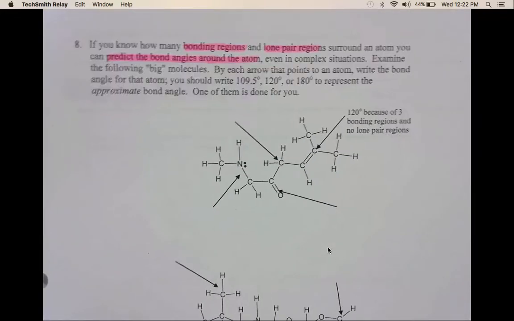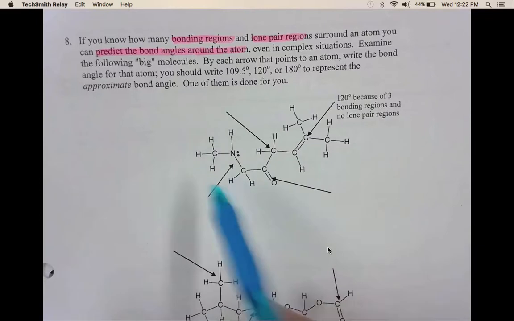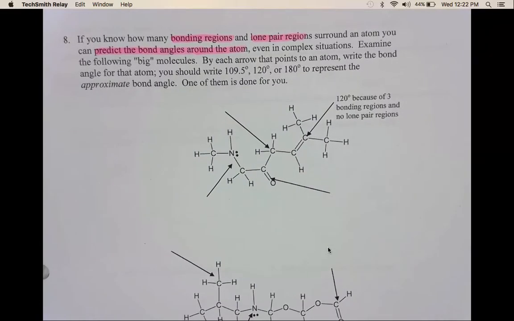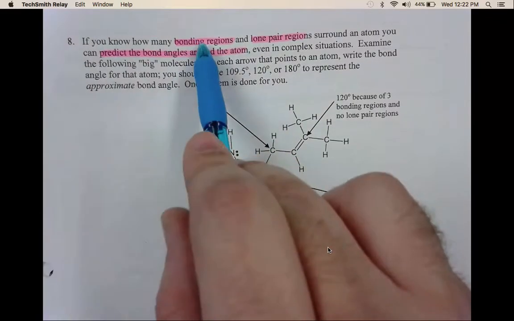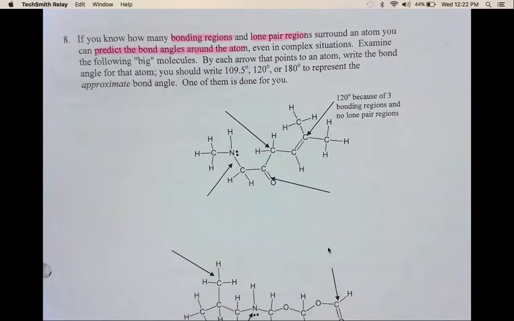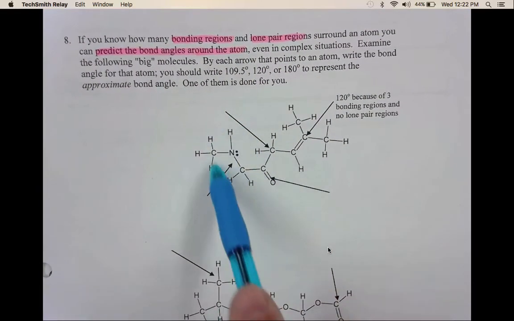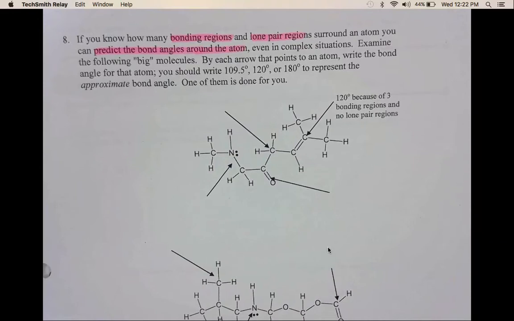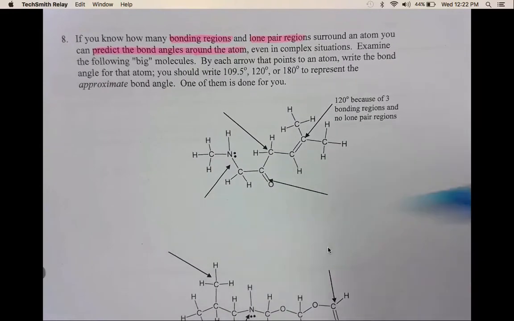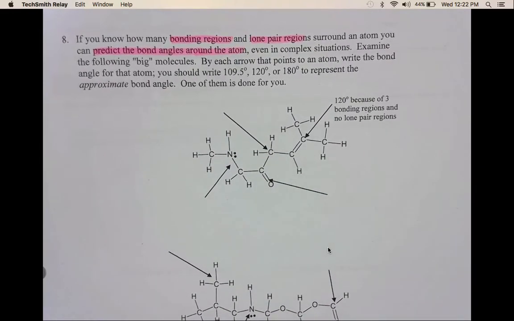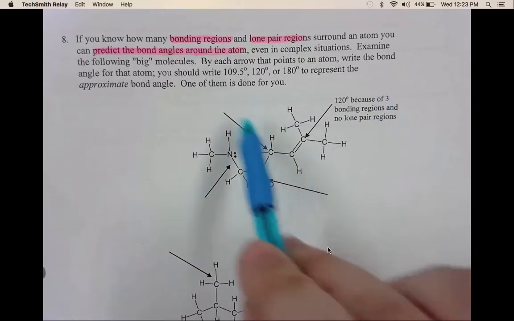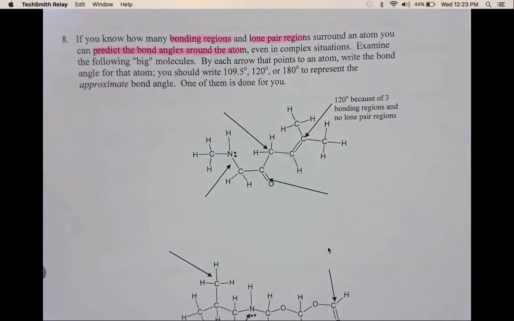And then lastly, question 8. Question 8 tells us that you can figure out the bond angle in any kind of molecule, even complex molecules, by identifying the bonding regions and the lone pair regions. So what you need to do is look at the atom that it's pointing at, and then figure out the bond angle. You are going to have to identify the bonding regions and the lone pairs.